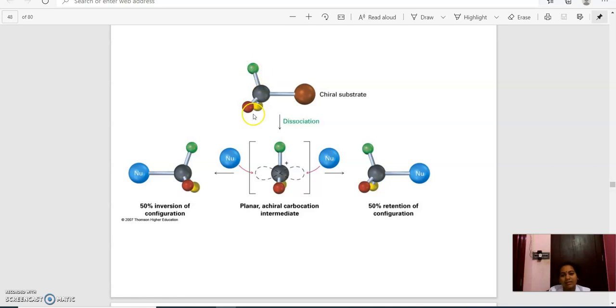Here we can see the groups attached with the carbon. If the nucleophile attaches from the back side, there is inversion of the configuration, and if it attaches from the front, there is retention. Inversion and retention both occur in the SN1 reaction, but in the SN2 reaction only inversion occurs.